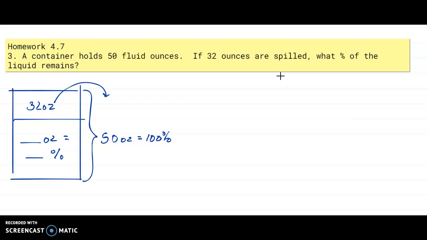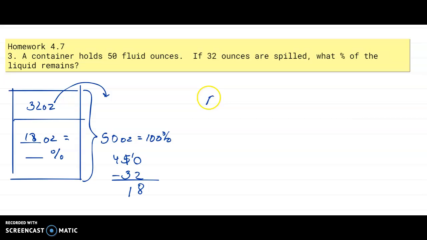So in order to find out what percent it is, we need to know how many ounces that is. So if it holds 50 ounces when it's full, and you spilled 32 ounces, you're going to subtract. So you get 18 ounces. So that means that it has 18 ounces left in it, and we need to know what percent that is.